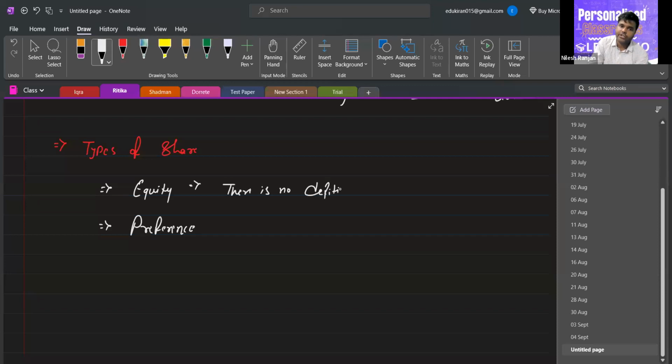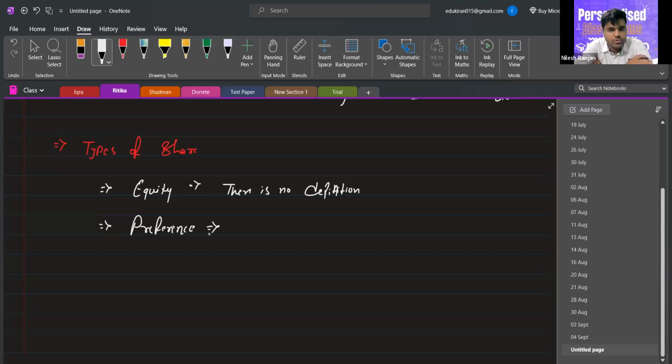And in equity share, it is written that shares which are not preference are called equity shares. So all shares which are not preference are equity. Now, what is a preference share then?